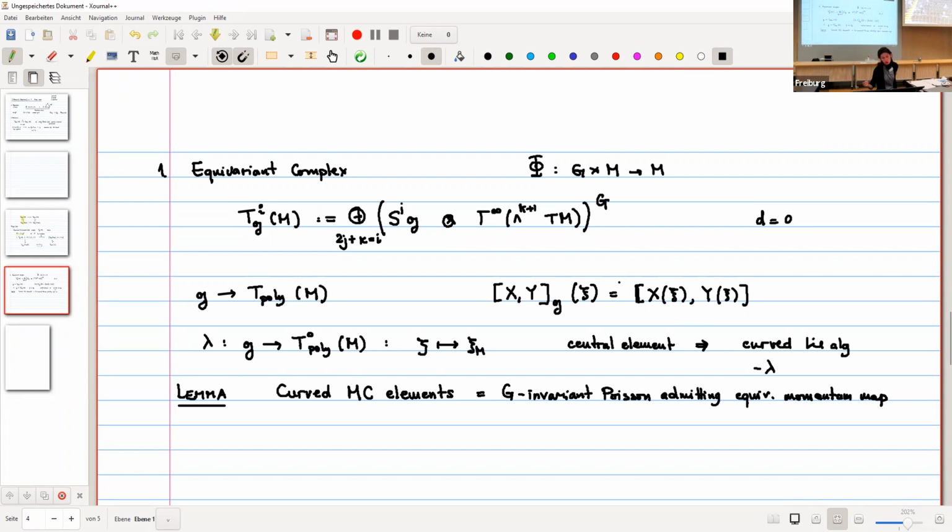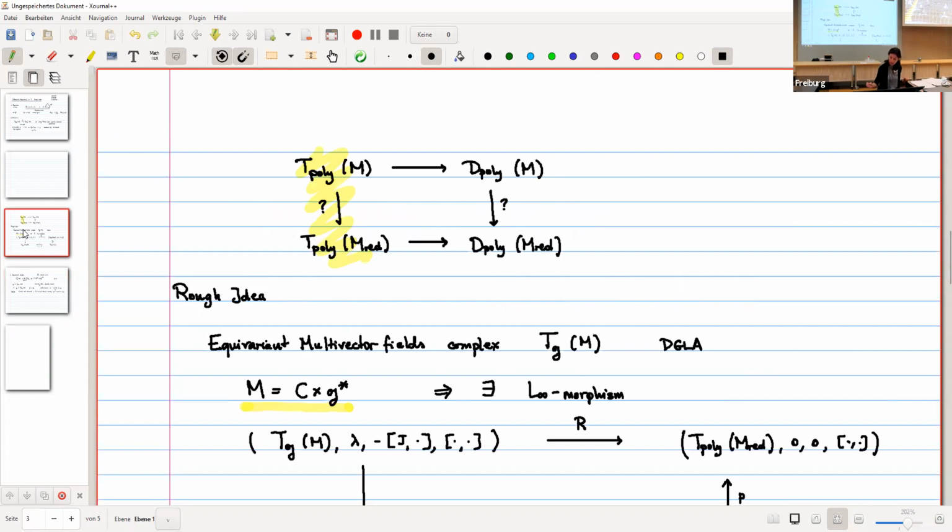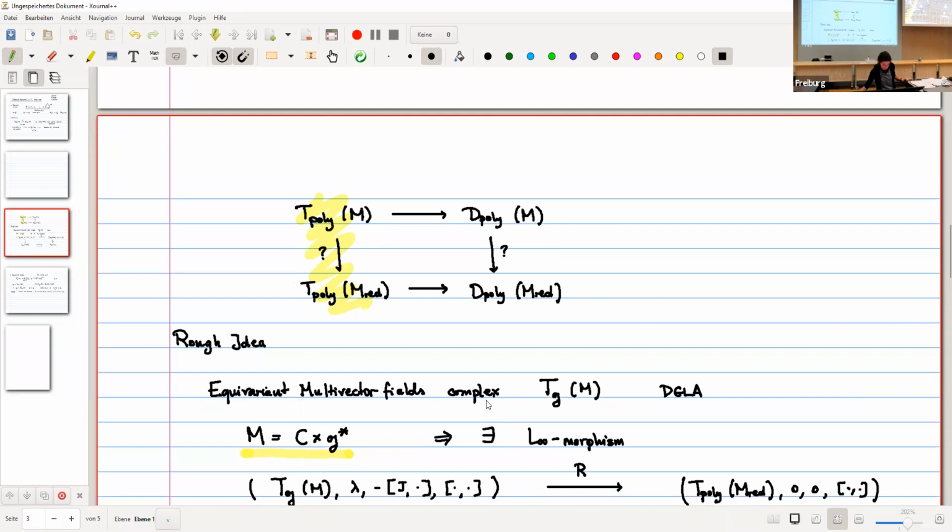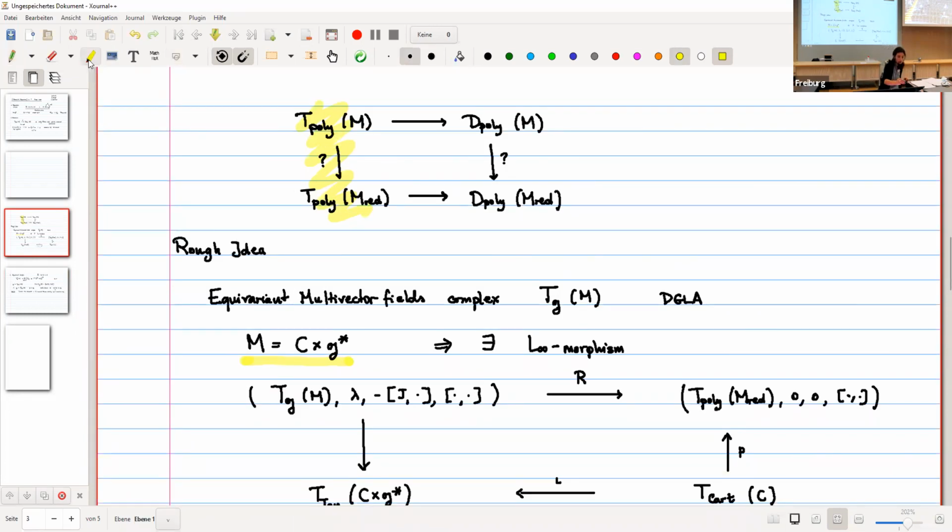So you see, I actually cooked up what I promised: a DGLA, a complex where the Maurer-Cartan elements are really giving you what you want, the Hamiltonian action. They encode this information. So now we have this object, and I explained also what lambda is.